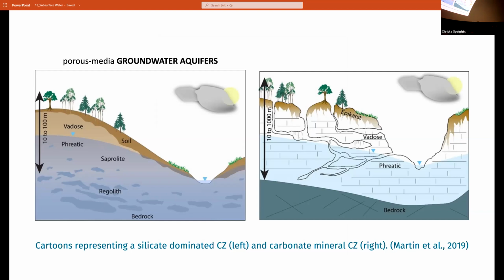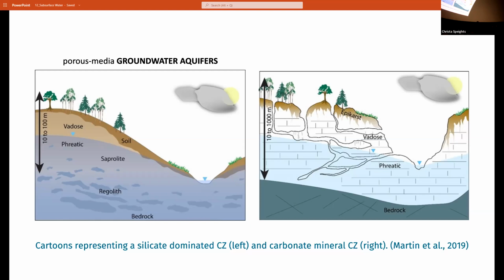Here the rocks are going to be more sands, sandstones, silts, things with uniformly distributed pore spaces in them. So the aquifers, where water is residing as groundwater, are uniformly distributed throughout these silicate critical zones. Here, the thickness of the critical zone ranges from about 10 to 100 meters thick.